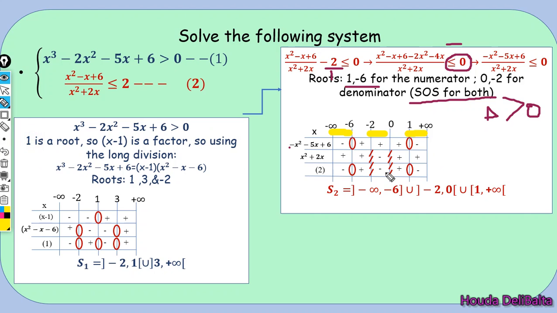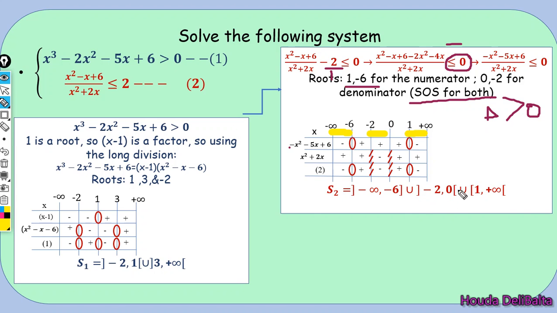Thus, we take solution 2 equal to minus infinity to minus 6. We close it at minus 6 because we have or equal, so the number is included. Then union minus 2 to 0, but both are open because we have dashes, and x should not be minus 2 or 0.